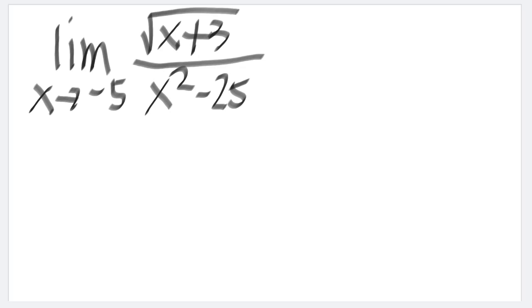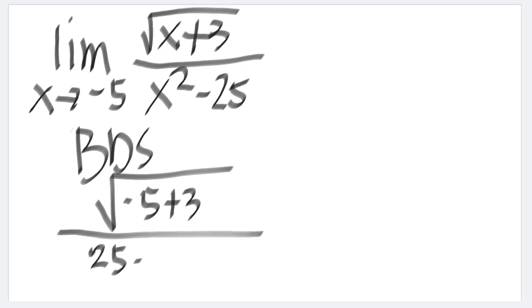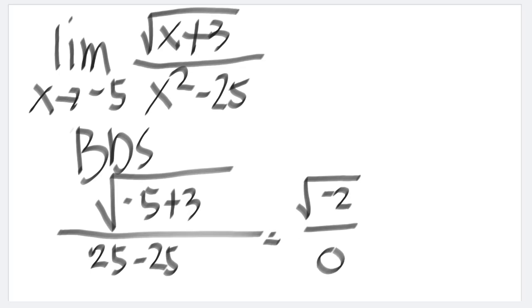So by direct substitution, you have here square root of negative 5 plus 3 over negative 5 squared minus 25, and this is equal to square root of negative 2 over 0. And take note, square root of negative 2 is an imaginary number.